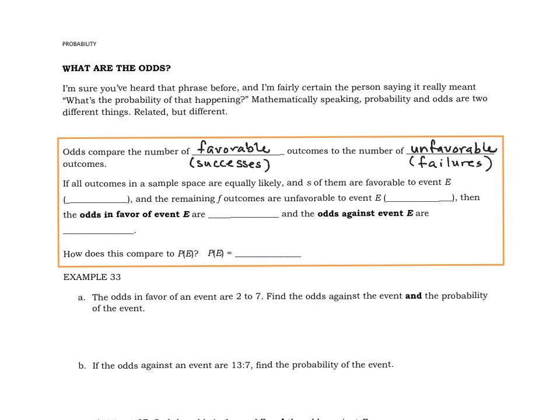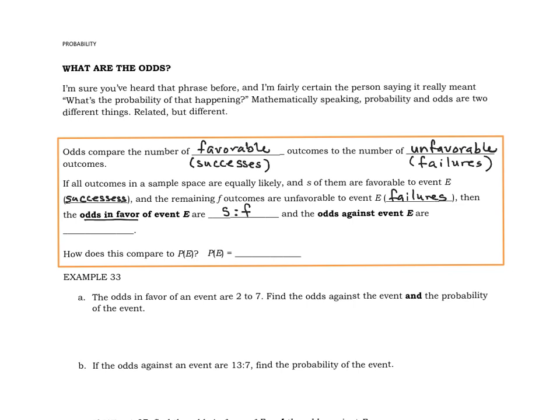If all outcomes in a sample space are equally likely, and S of them are favorable to the event E, and again we're going to call those successes, and the remaining F outcomes are unfavorable, and remember we called those failures, then the odds in favor of event E are, and we're going to write a ratio, the number of successes to the number of failures.